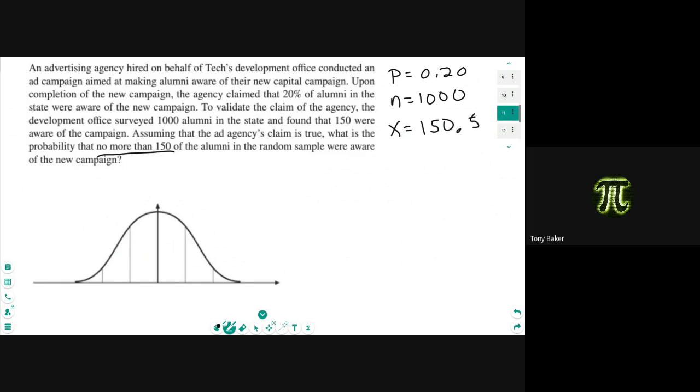All right, let's find the mean so we can figure out where I'm going on this one. The formula for mean is N times P, so 0.2 times 1,000 is 200. That's 200 right in the middle, so 150 is going to be somewhere over here. How do you write the probability?